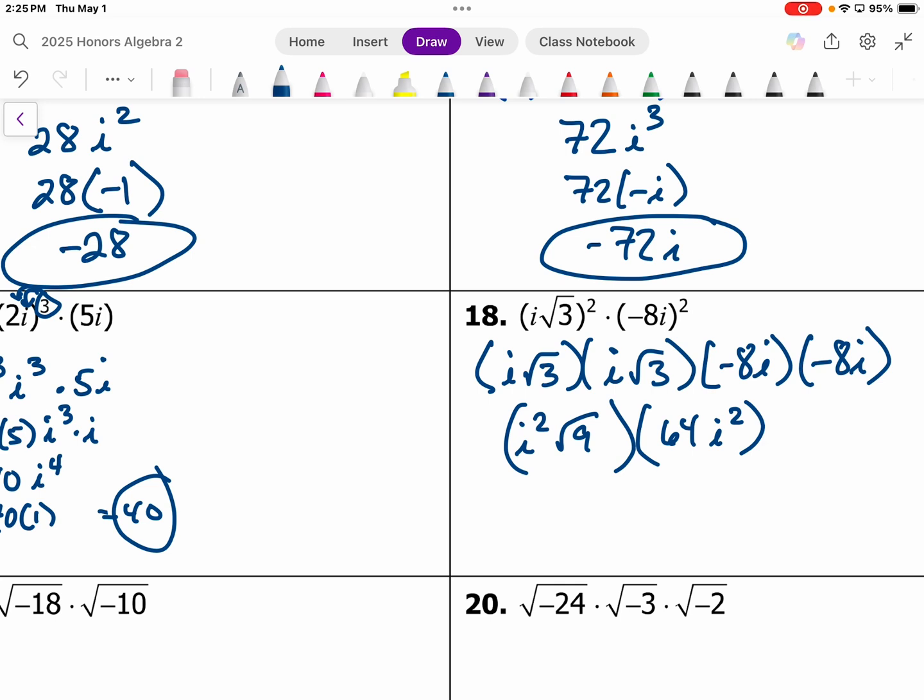And then I'm just going to take the square root of 9 as 3 times 64. And then it's i squared times i squared. So that would be 192i to the fourth. Now I would substitute 192 times 1, which is 192.